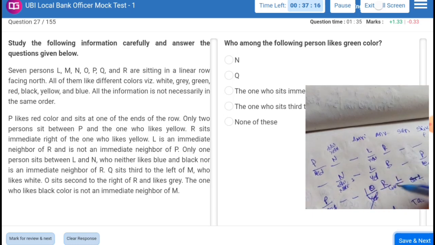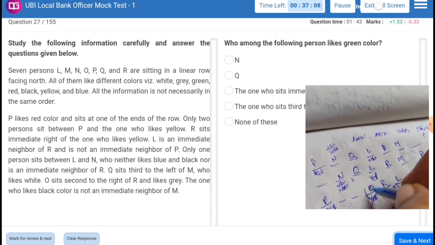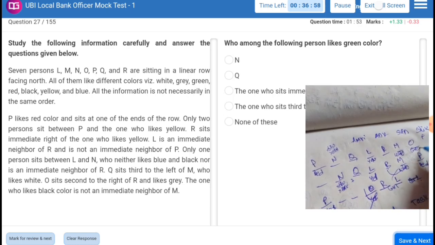Q is third to the left of M. M, who is white. O is second to the right of R and likes grey. The one who likes black is not neighbor of M.